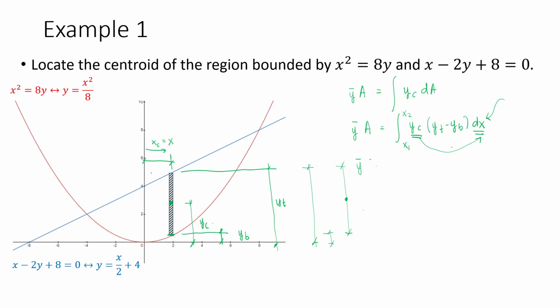So it becomes bar y times area is equal to the integral of y top minus y bottom, times the centroid of the strip, which is y top plus y bottom, you're going to add those two, then divided by 2, and then dx.